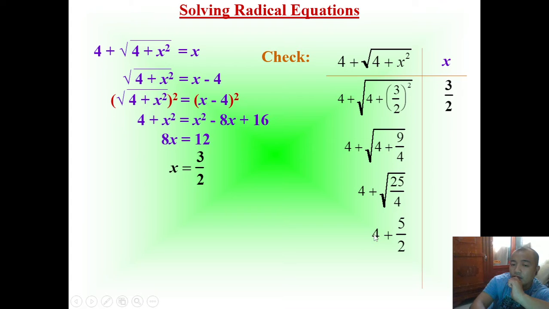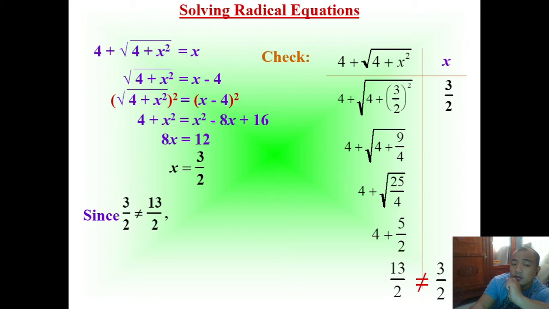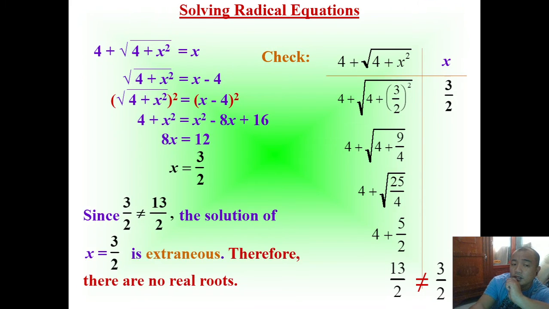So we're going to add 4 plus 5 halves, 8 plus 5, 13 halves. Is 13 halves equal to 3 halves? No, they are not equal. So since 3 halves is not equal to 13 halves, 3 halves is extraneous. Therefore, there are no real roots for the given radical equation. No solution. So it is advisable to always check your answer.